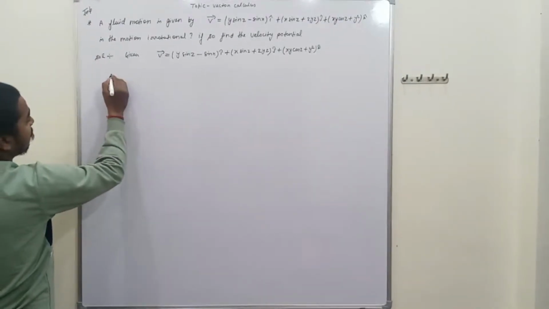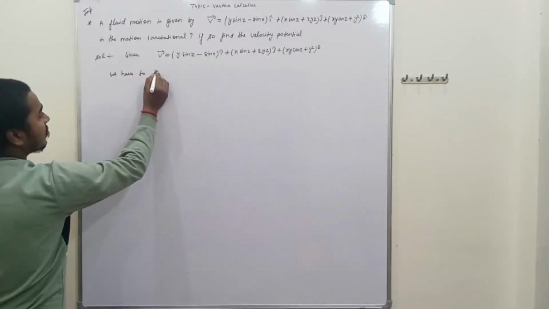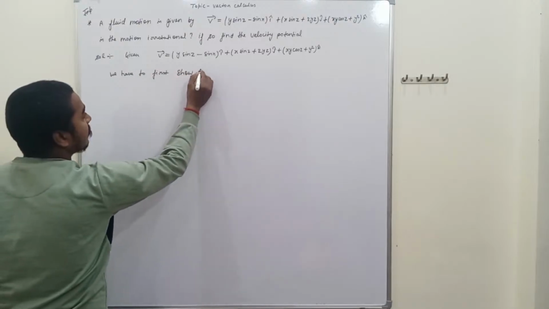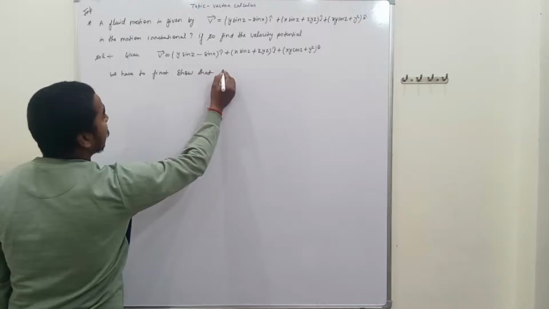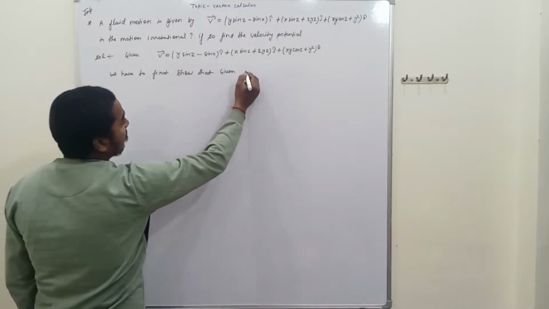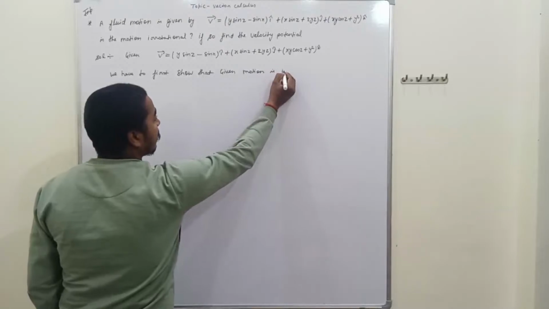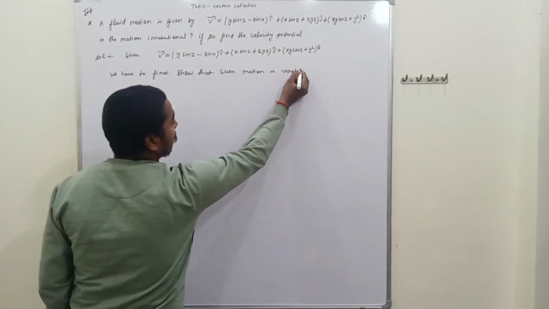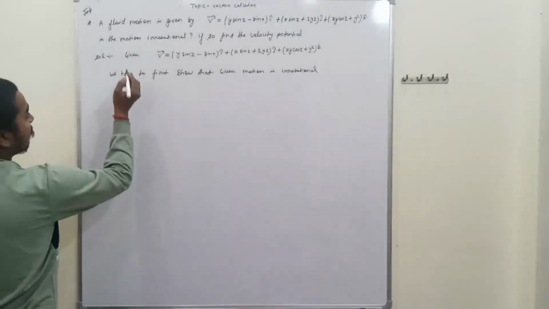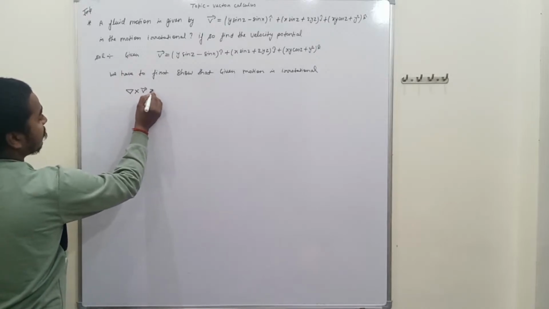We have to first prove that the given motion is irrotational. To check irrotational, we have to find del cross V vector equal to 0.